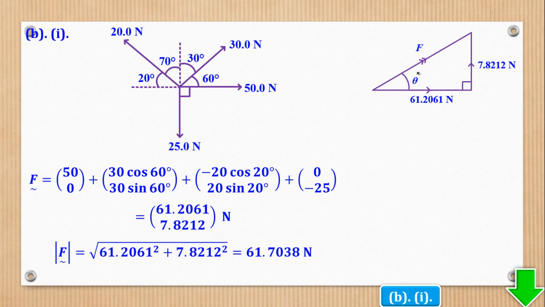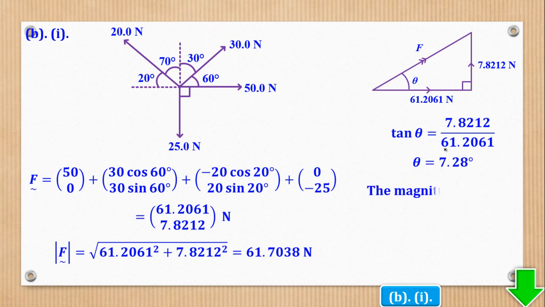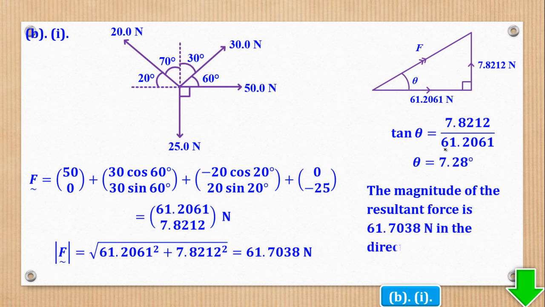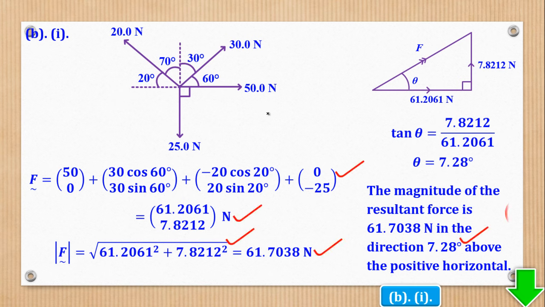So you can use SOHCAHTOA, where tan is opposite over adjacent, to give you the value of theta to 2 decimal places. So angles are written to 2 decimal places. Then you can state that the magnitude is that, acting in the direction that, above the positive horizontal. And basically that's what they wanted in Roman 1.